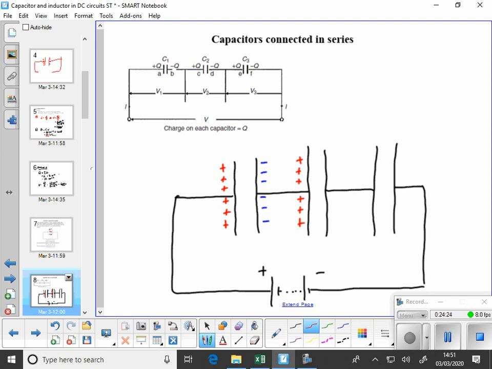Remember, between these plates is a dielectric, so no current can flow. If that's a perfect capacitor, no current can flow from there to there. These electrons are coming from here through this wire and onto that plate, which is going to leave this plate negatively charged, which is going to make this plate positively charged because electrons have been drawn away from it, and then lastly the outside plate.